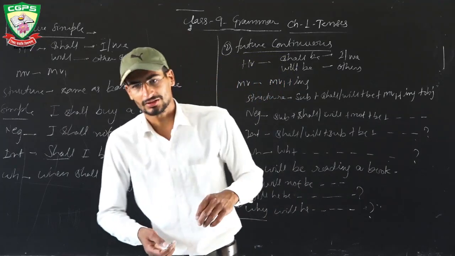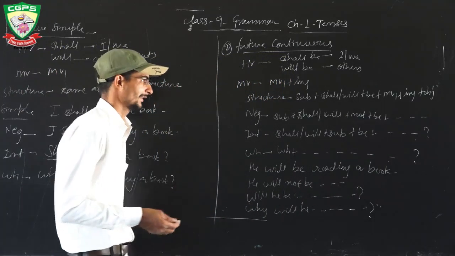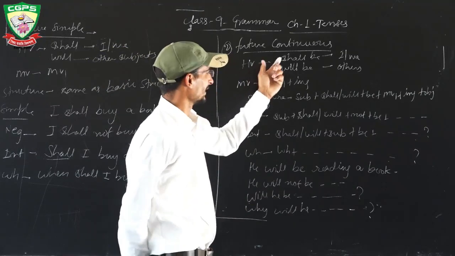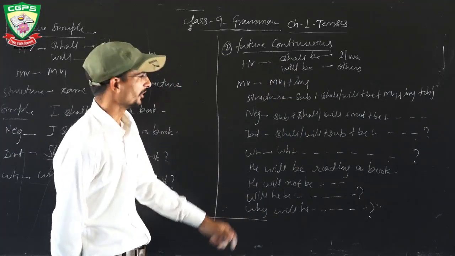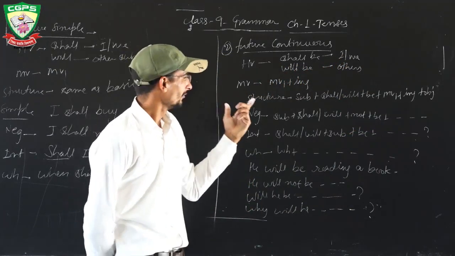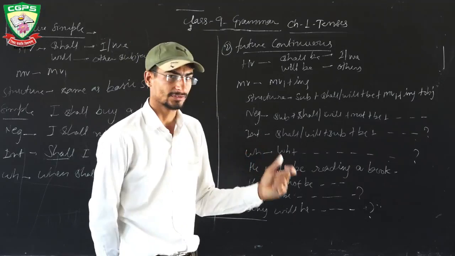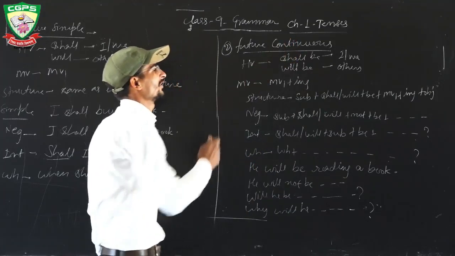Next tense is future continuous tense. The structure is same as the continuous tenses. Helping verb here is shall be and will be. Be is extra added. Shall be for I and we, will be for other subjects. Next, main verb first form plus ing, obviously because this is continuous tense.